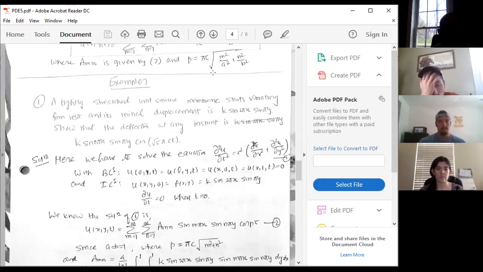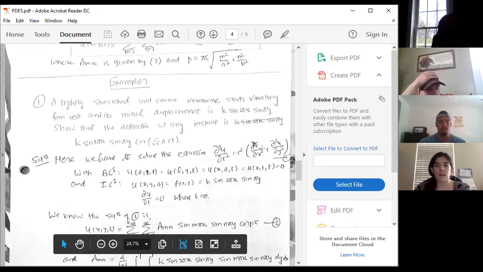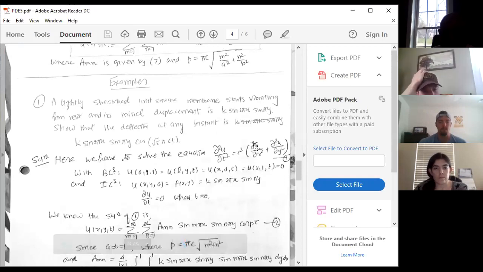It's simple. Let's see. First of all, it's a membrane. Whenever the word membrane is there, you are working with the wave equation in 2 dimensions. So I just use this equation. Second thing, my boundary conditions. Look here, tightly stretched unit square membrane.